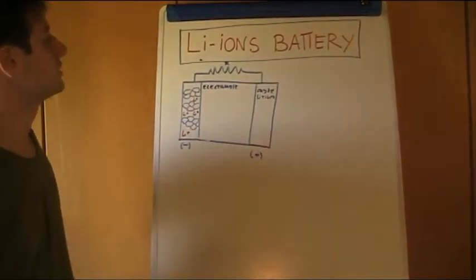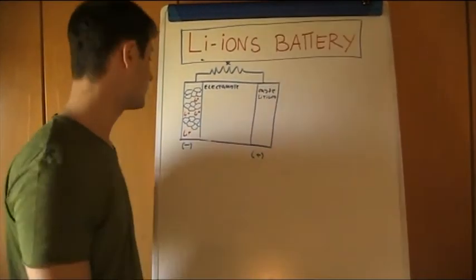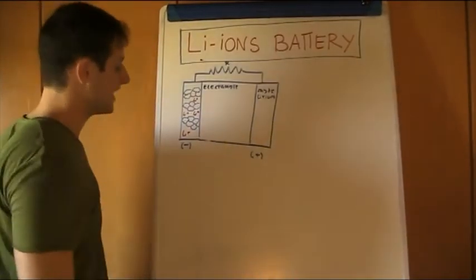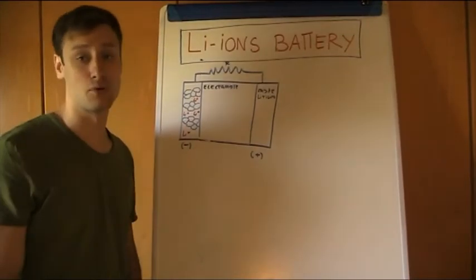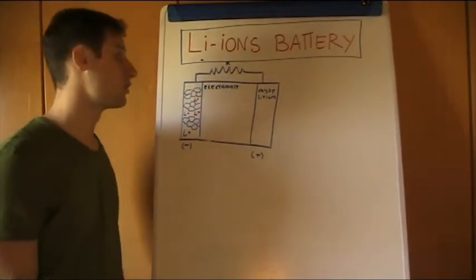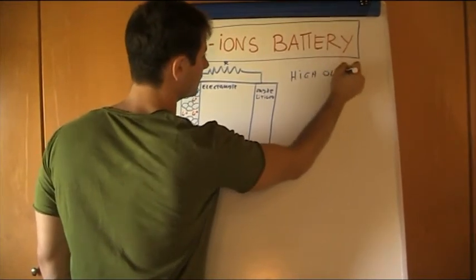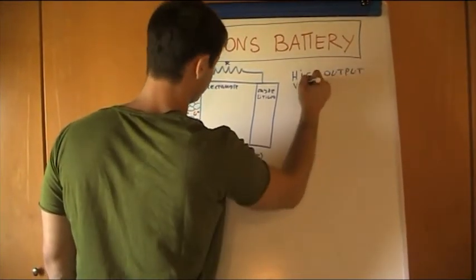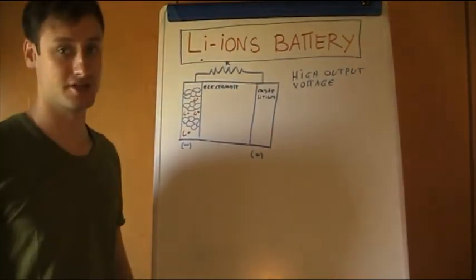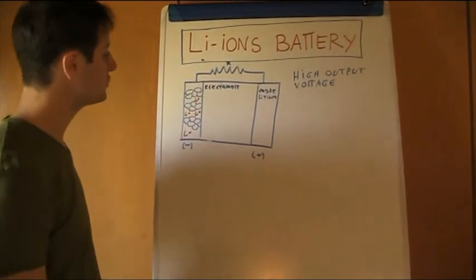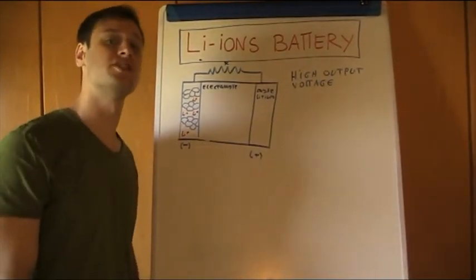The reasons for which lithium-ion batteries are so interesting are many. First, the possibility to intercalate lithium inside a graphite support is extremely useful in order to achieve a high output voltage. And so quite high power of these batteries is achieved. And this is due to the fact that basically lithium is an extremely strong reducing agent.